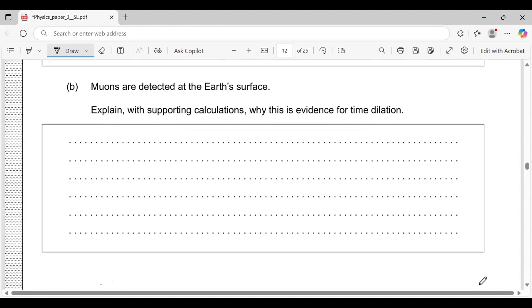Muons are detected at the Earth's surface. Explain with supporting calculations why this is evidence for time dilation.